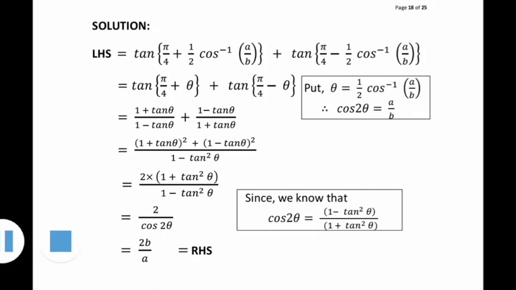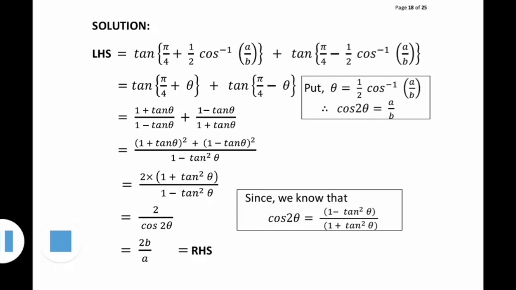Then after substitution we get tan of pi by 4 plus theta plus tan of pi by 4 minus theta. These two terms can be defined as tan of A plus B plus tan of A minus B, and accordingly as expanded we get the third step.